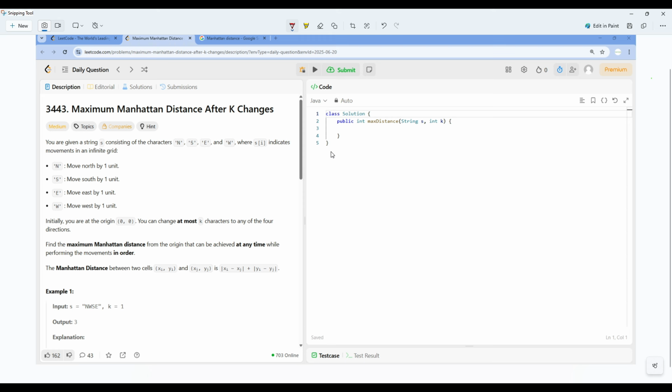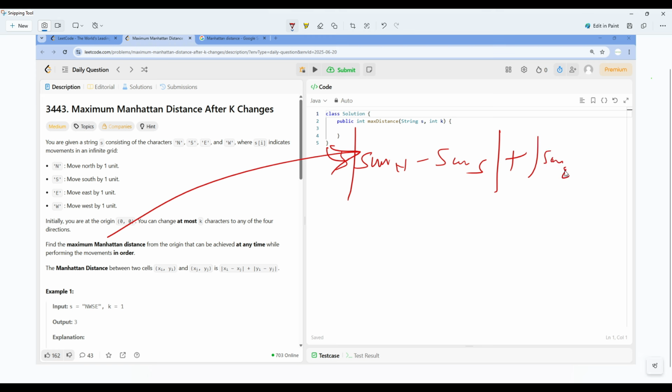Suppose the Manhattan distance is given by the absolute value of the sum of n minus the sum of s, plus the absolute value of the sum of east minus the sum of west. This can be a formula where we calculate the Manhattan distance. Forgive me if I'm giving the wrong name.